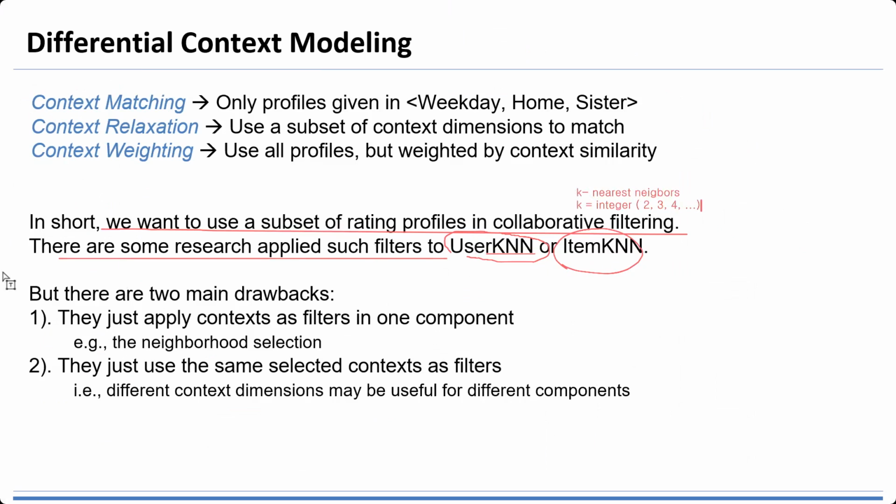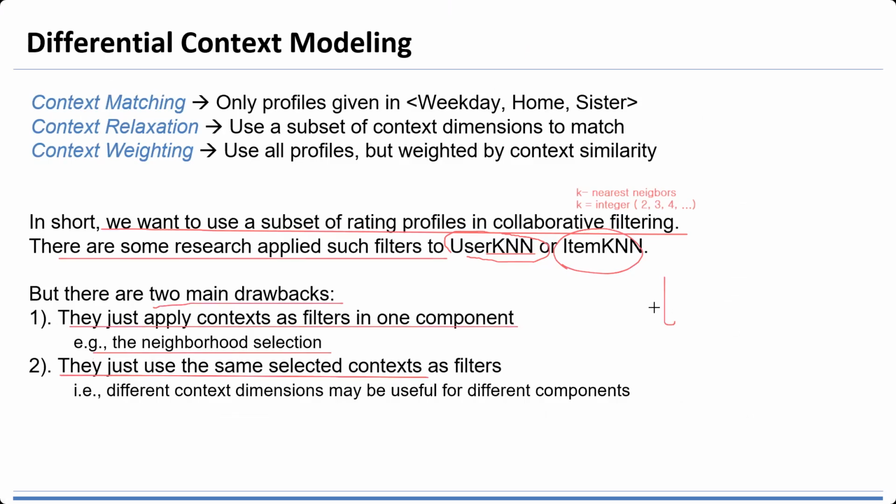So using the K and N, there are two main drawbacks. First, they just apply context as filters in one component, because we need to select the neighborhood, and they just use the same selected context as filters.